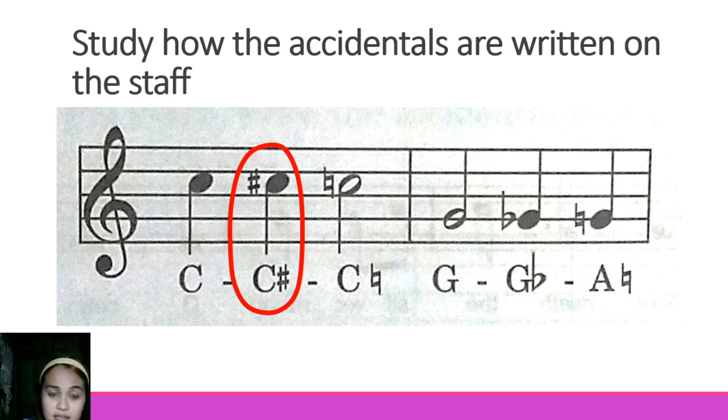In the second note, there is an accidental sign. What kind of accidental is that? That is sharp. So, instead of only C, there is an accidental sign after it. The note in the first measure has a sharp sign, so you name this C sharp. The note next to it has a natural sign.